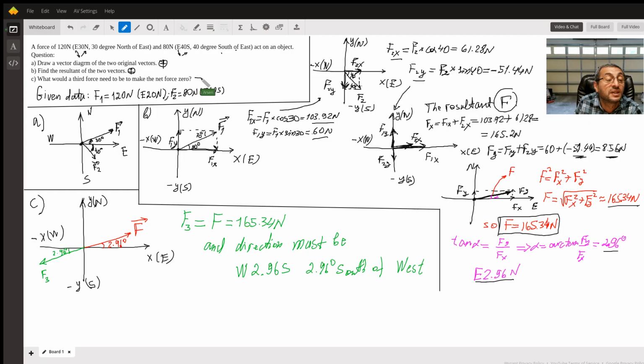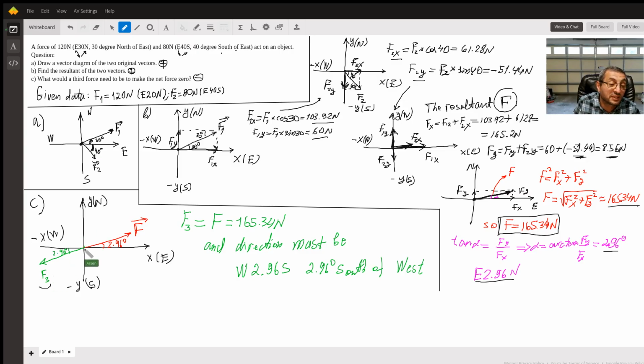The question is asking what the third force would need to be to make the net force 0. We found that our resultant force has this direction with this angle and this magnitude. So the third force must compensate this resultant force. I just mark it as F3, because it says third force, for convenience.